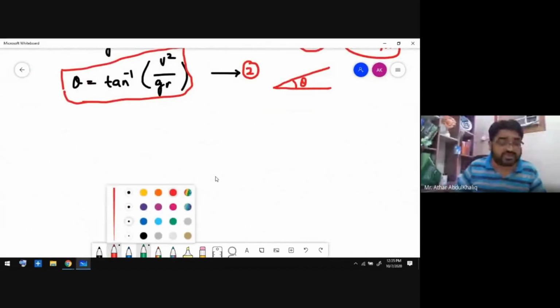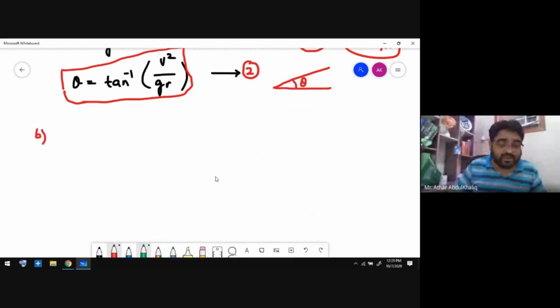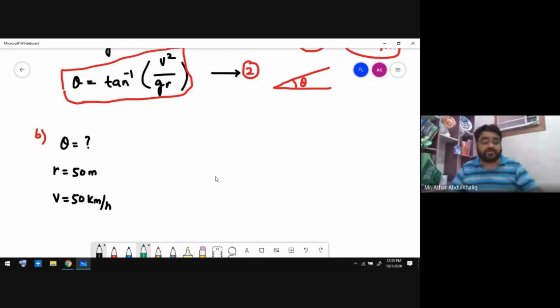We need to find theta, but the radius is 50 meter and the road is designed for the speed of 50 kilometer per hour. If the road curve is designed for 50 kilometer per hour, how much should the banking angle be? How much should the engineer uplift one side to provide the centripetal force?